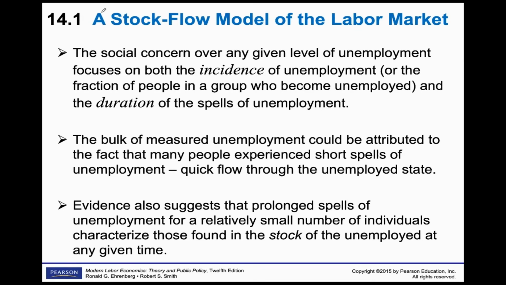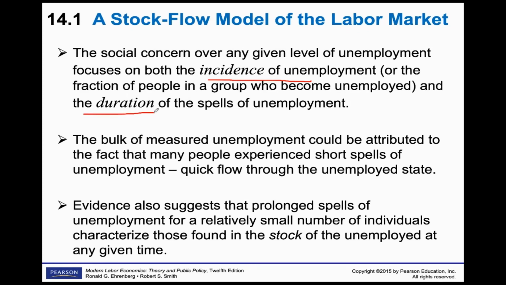And the last part about the stock flow model of the labor market is for us to realize that the social concern over any given level of unemployment involves 2 important things. The first one is the incidence of unemployment. By incidence, we are referring to the fraction of people who become unemployed. In particular, you can recall the sources of unemployment. That's the incidence. And then the second important issue about unemployment is to address the duration.